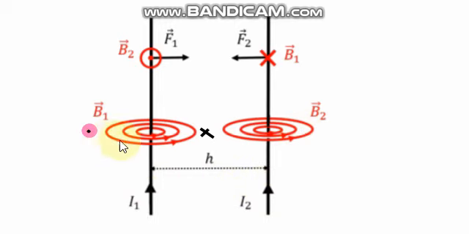So again, just as here on the left side the field was out of the page, and on the right side it was into the page, same will be the case over here. On the left side it would be out of the page, and on the right side it would be into the page for this counterclockwise magnetic field.